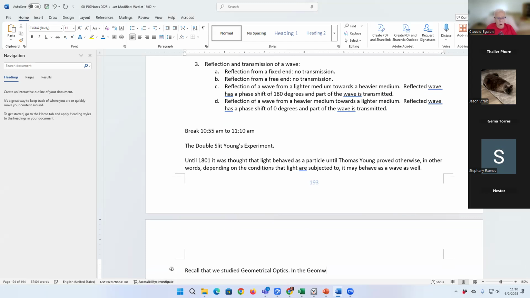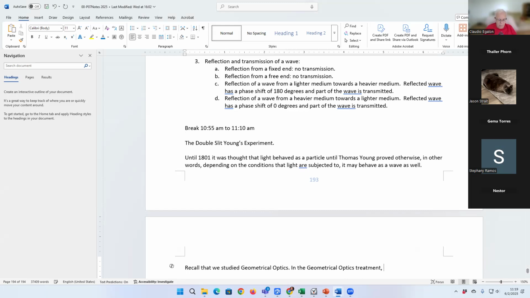In the geometrical optics treatment, light behaves as a particle. It travels in a straight line from one point to another, right?